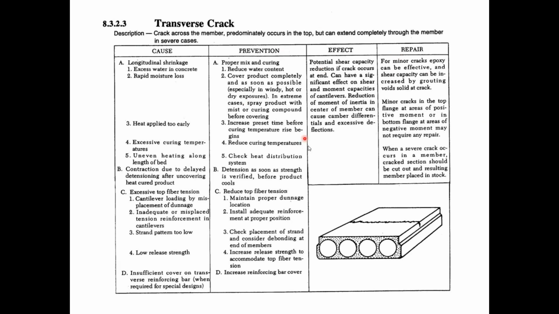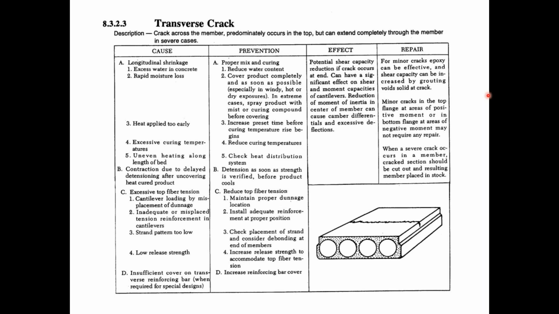Maybe the most interesting, or I would argue important, part of this is, what is the effect? This one says potential shear capacity reduction. If that crack occurs at the end of the plank, it can have a significant effect on shear and moment capacities of cantilevers. Reduction of moment of inertia in the center of the member can cause camber differentials and excessive deflections.